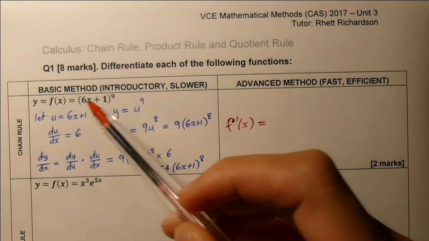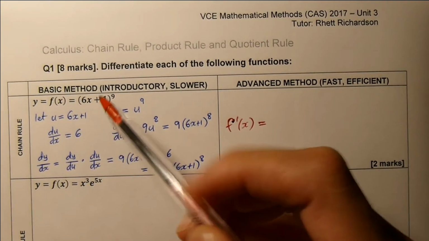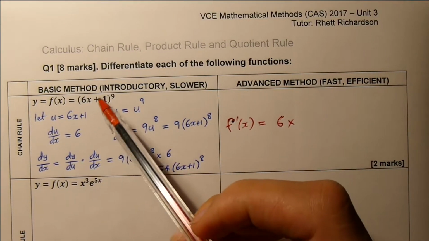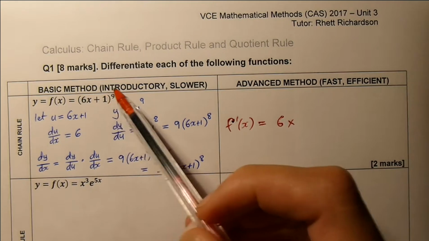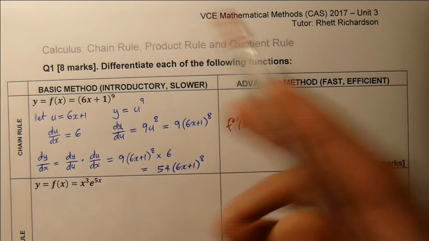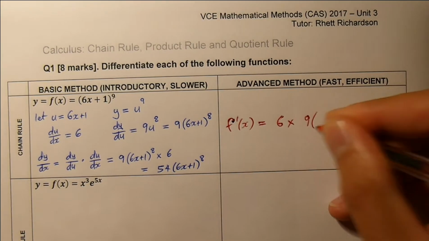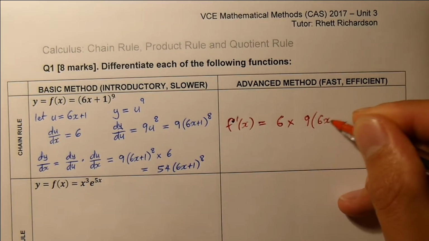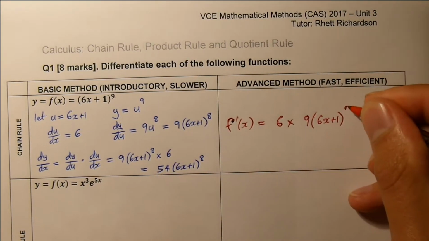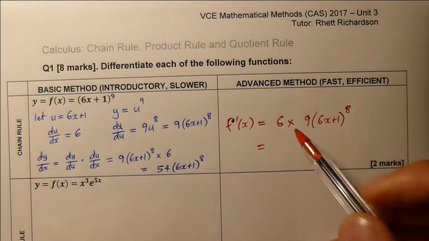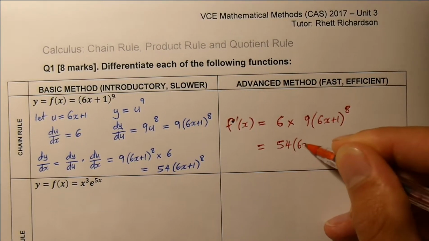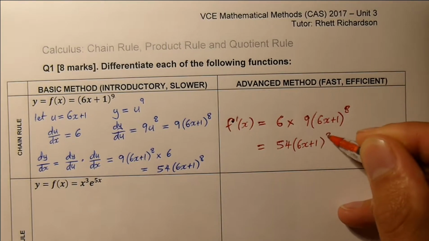The inside thing is 6x plus 1, so the derivative of that is just 6, multiplied by the derivative of the outside. So I'm basically looking outside these brackets. The 9 would come down out the front, 9. The stuff in brackets stays the same. And then we drop the power by 1, so the 9 becomes an 8. Now I neaten this up. 9 6's are 54(6x plus 1) to the power of 8.